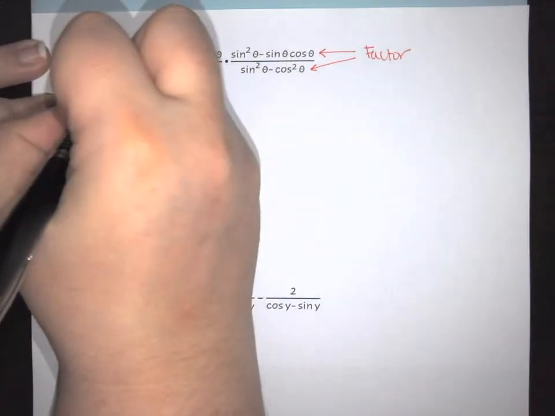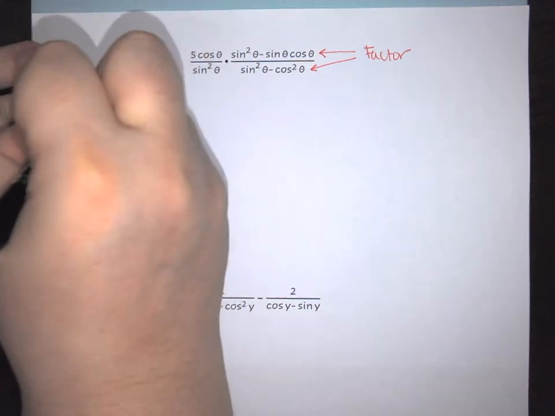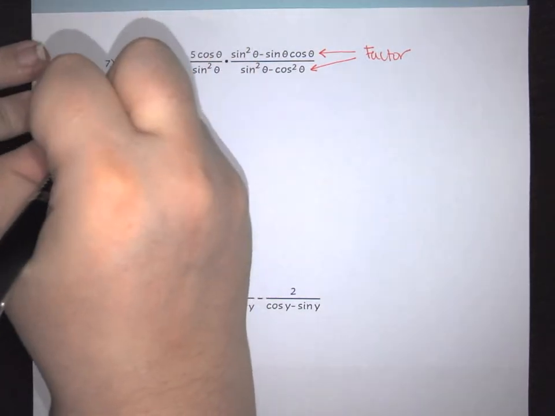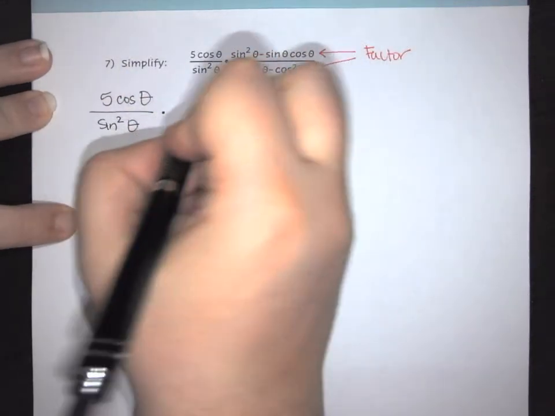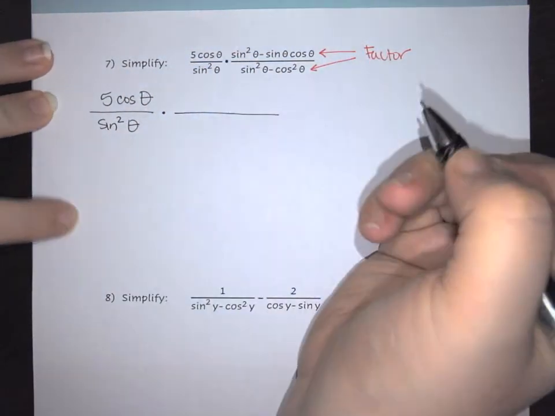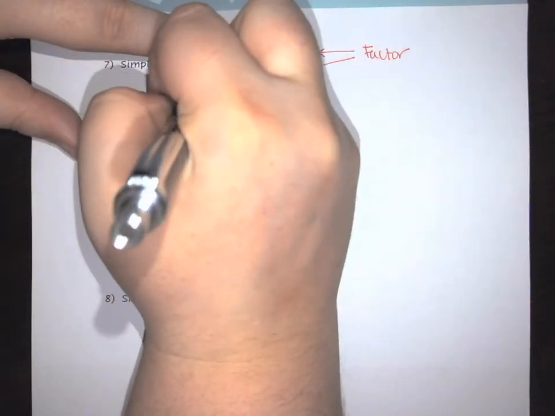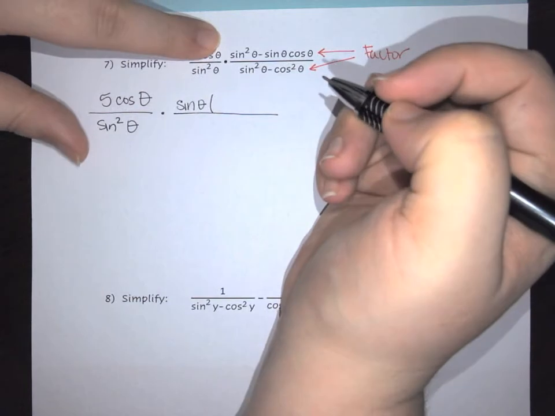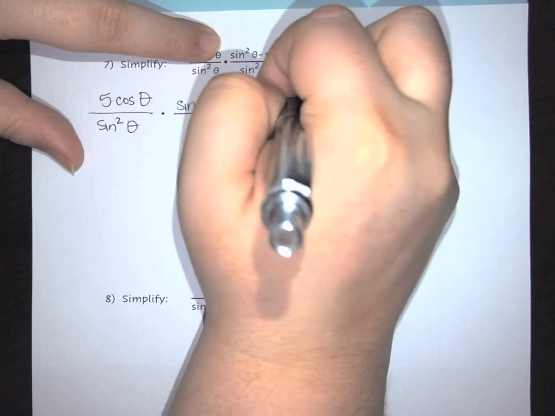So I'm going to have 5 cosine of theta over my sine squared of theta. And I'm going to multiply that to what I get on the top. So if I look, I have sine squared and I have sine cosine. So I'm going to pull a sine out. And that's going to leave me with sine of theta minus cosine of theta.